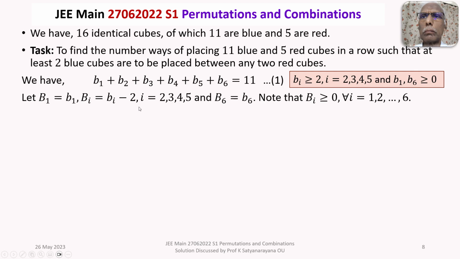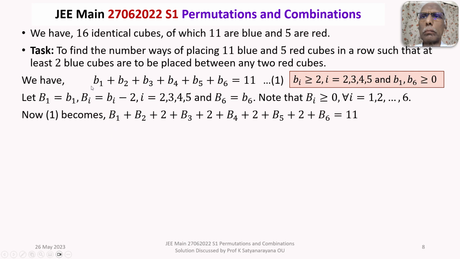Thus, we note down that capital Bi is greater than or equal to 0 for all i equal to 1 to 6. And the above equation 1 now becomes: for b1, capital B1; for b2, capital B2 plus 2; for b3, capital B3 plus 2; plus capital B4 plus 2, plus capital B5 plus 2, plus capital B6, is equal to 11.